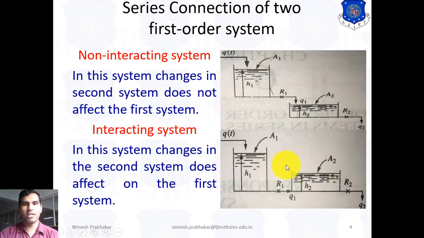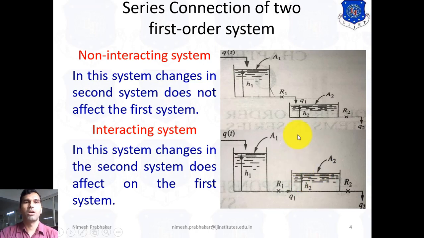But here we see the connection is slightly different from the non-interacting system. That means here the change in the second system does affect the first system, because if the liquid level is changed, it also affects the liquid level of the first system. So this type of system is known as the interacting system.